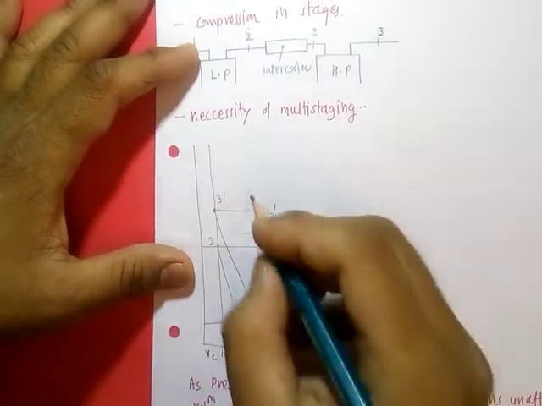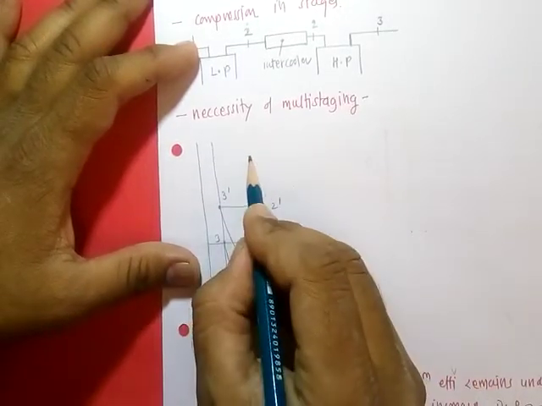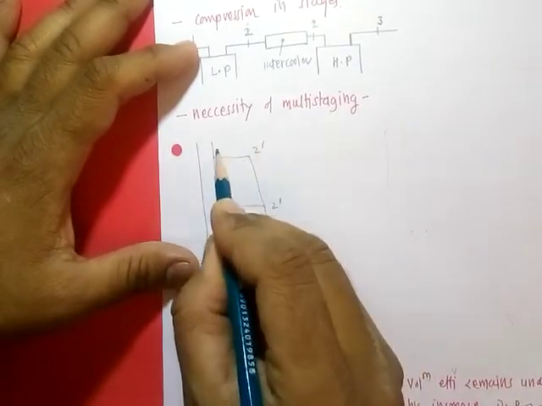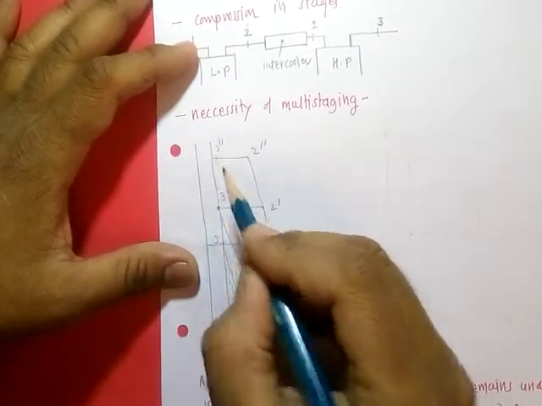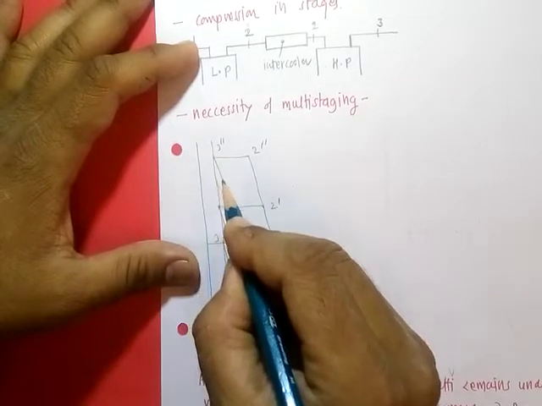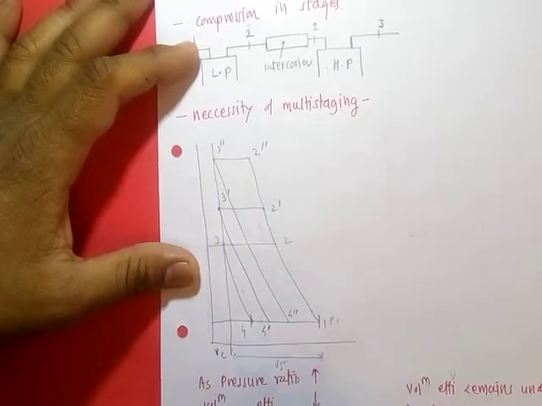Now again say the delivery pressure is increased, then our cycle will be 1 2 double dash 3 double dash. After expansion the point will be 4 double dash here.